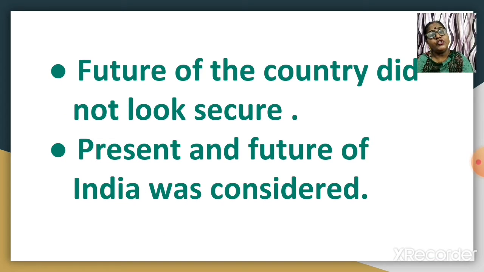When the constitution was being written, I'm talking about India's constitution, the future of the country did not look very secure.